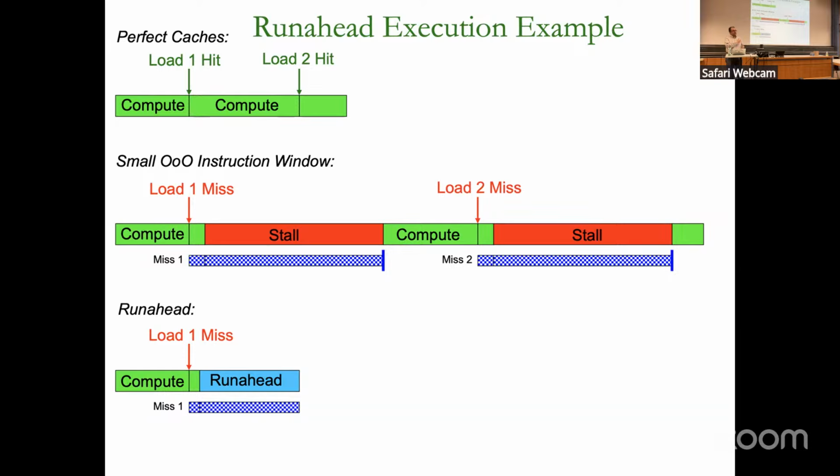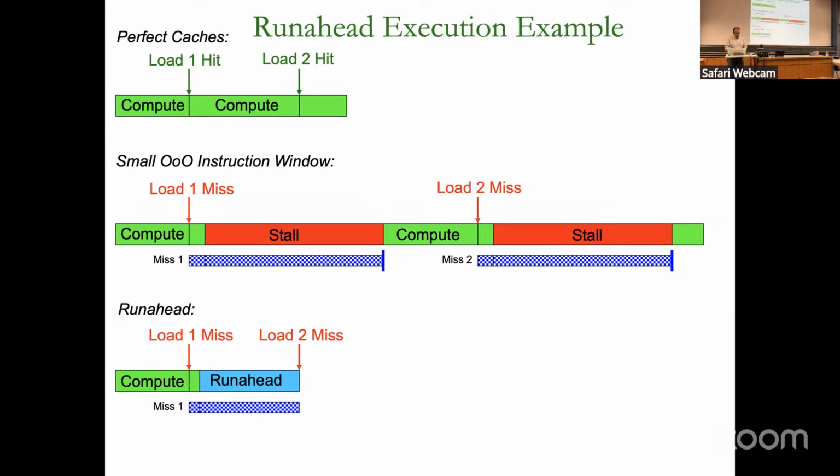You just execute in Runahead mode, which you can think of as speculative. Why? Because you can potentially reach the next load in the Runahead mode, and you generate that memory address also faster. So you compute, you get to this load miss, and then you move to the Runahead mode.